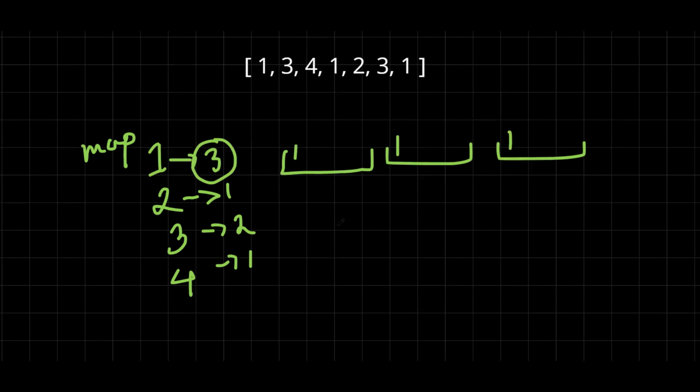So at least 3 lists are necessary to distribute all of the 1s into separate lists. So now we have understood the minimum number of lists we need to make from the input array, which is the maximum of all the values in the map. In this case, it is the value 3. That means we have to make at least 3 lists.